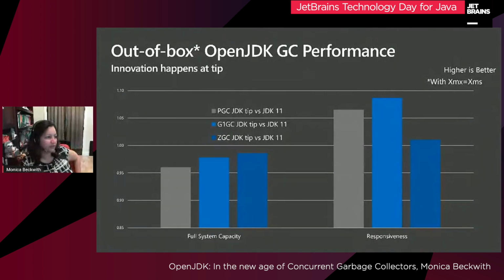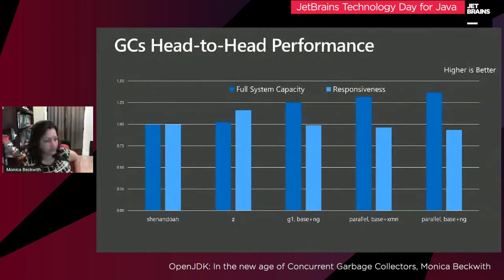Again, higher is better, and you already see better full system capacity as well as responsiveness for all three collectors. The reason I'm not showing Shenandoah here is that Shenandoah is not in JDK 11. It came out as an experimental GC in JDK 12, so the next set of results should show that.